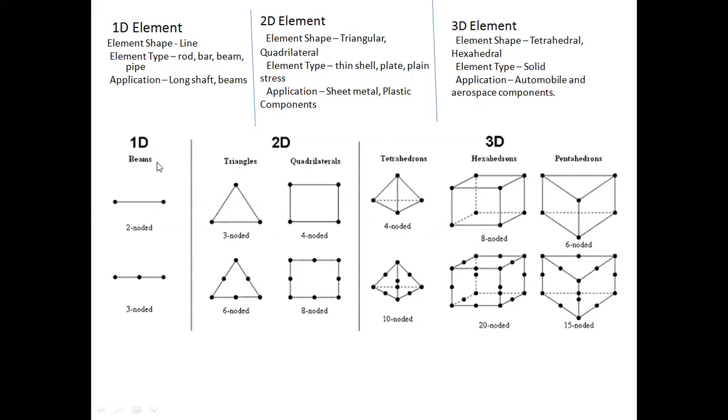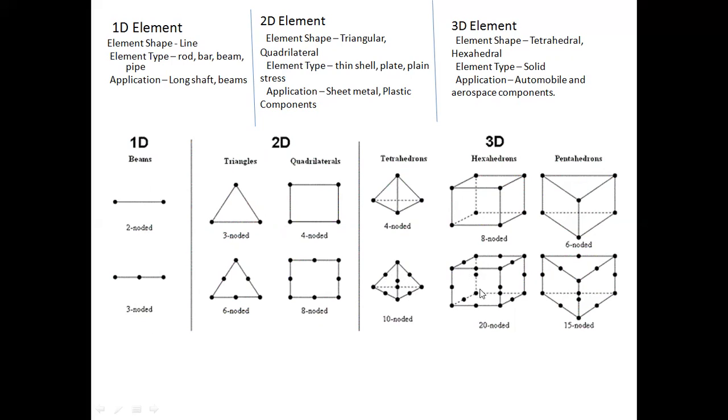Okay, 1D element beam 2 node or 3 node. 2D element triangle or quadrilateral: 3 node triangle, 6 node triangle, quadrilateral 4 node and 8 noded. Tetrahedron, hexahedron, pentahedron. These are the 4 noded, these are the 10 noded. We can increase the number of elements, then the nodes also increase. If you increase the number of elements, then the number of nodes increases.